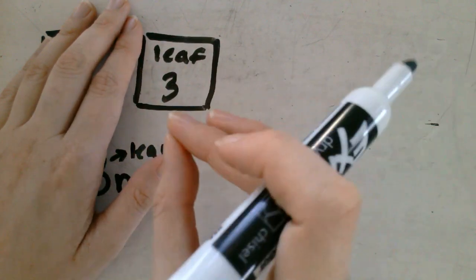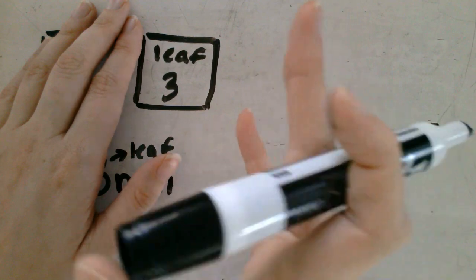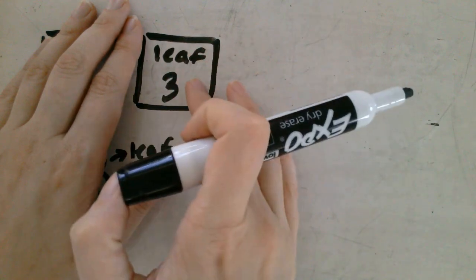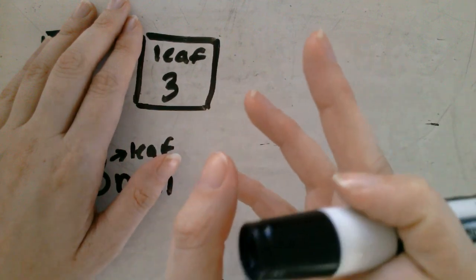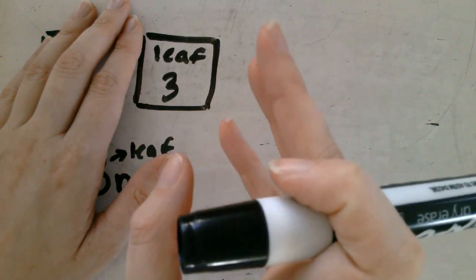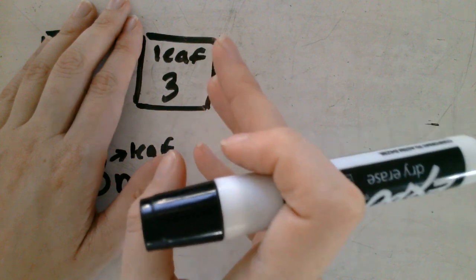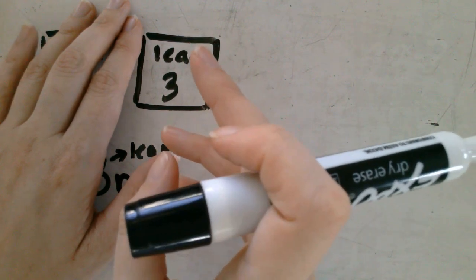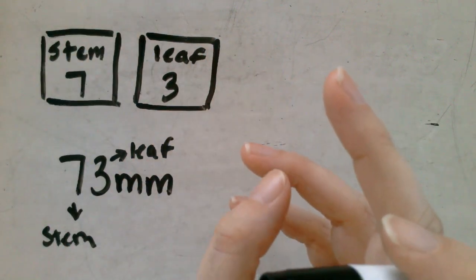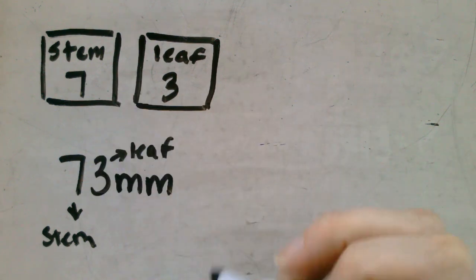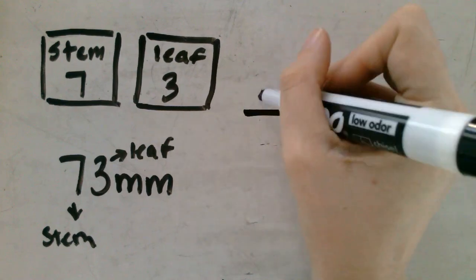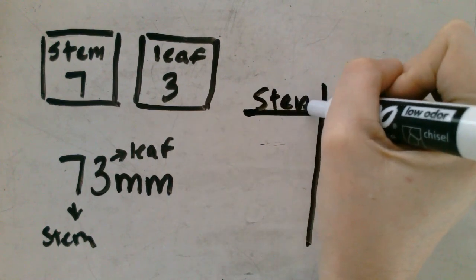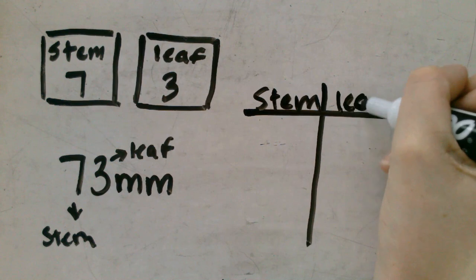The person with the smallest leaf should be the closest to the wall, and the person with the biggest number, or the greatest leaf, should be the farthest from the wall in your line. You're going to create this model now. When you create the model, you'll be making a real-life stem and leaf plot. A stem and leaf plot almost looks like a T chart.